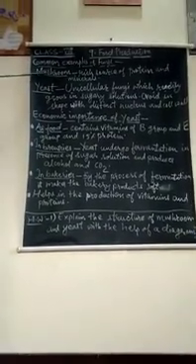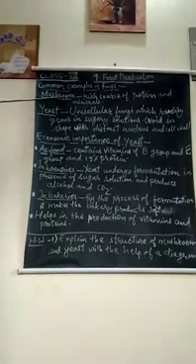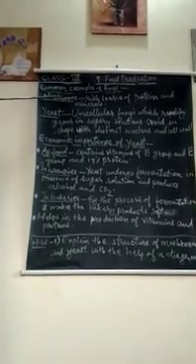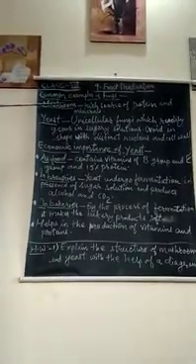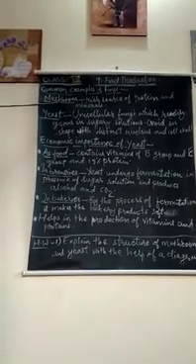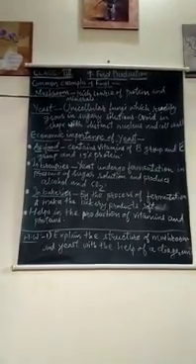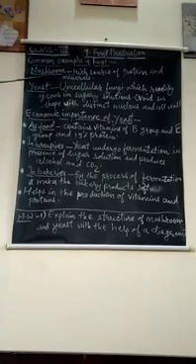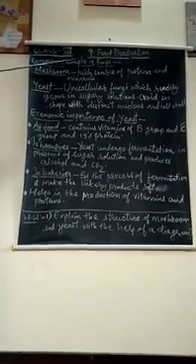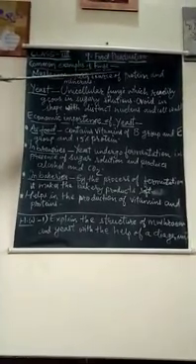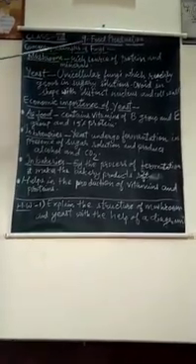First one is mushroom. Mushroom is a macrofungi. Macro means large, meaning this fungus can be seen by our naked eyes, and mushroom is a rich source of protein and minerals.